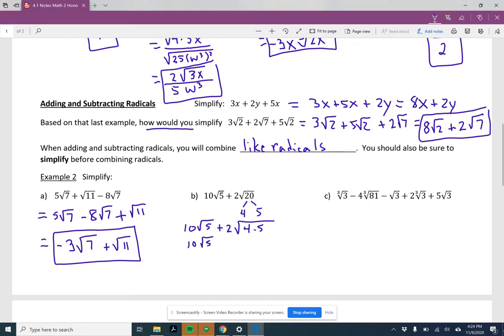Multiplying with the 2 that's already in front, 2 times 2 is 4. Now I have 10 square roots of 5 plus 4 square roots of 5, which is 14 square root of 5. Notice we weren't able to put them together until we simplified that square root of 20. So simplifying that radical and then combining the like terms, the like radicals.